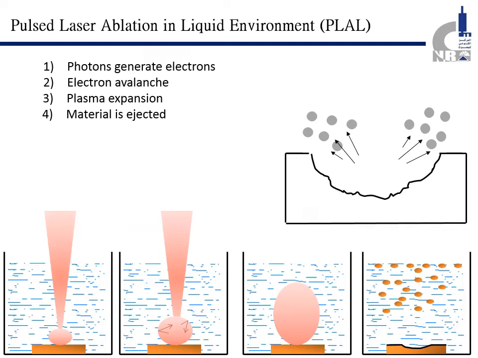After that, a number of kinetic processes are carried out inside the cavitation bubble due to the high pressure and high temperature compared with the outer shell of the liquid layer. Finally, once the plasma cools down, a tiny particle is ejected from the surface of the matter and goes through the solution to form a colloidal solution.